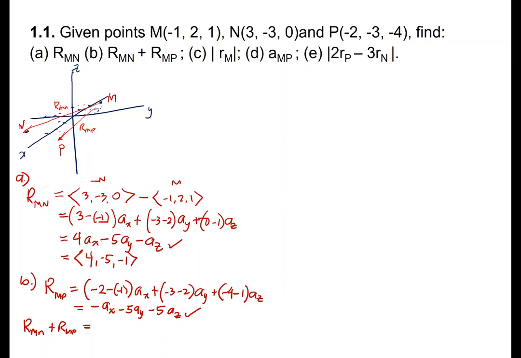So you have 4AX minus AX, so I will just write 4 minus 1 AX. Then we have negative 5 for RMN, actually plus negative 5, so that's negative 5 AY. And then negative 1 for RMN plus negative 5, so I will write plus negative 1 minus 5.